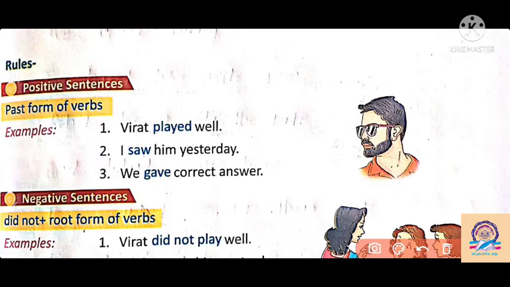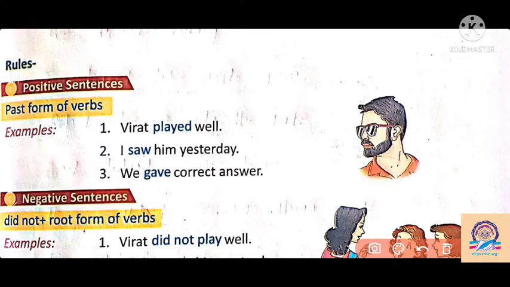And the second position is a verb. Then the third position is the object, then other words. Then we have to put a full stop in each and every positive sentence. But in the simple past tense, we have to use the verb in the past form, the second form of the verb.